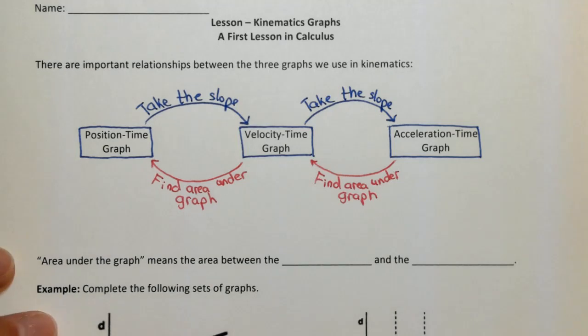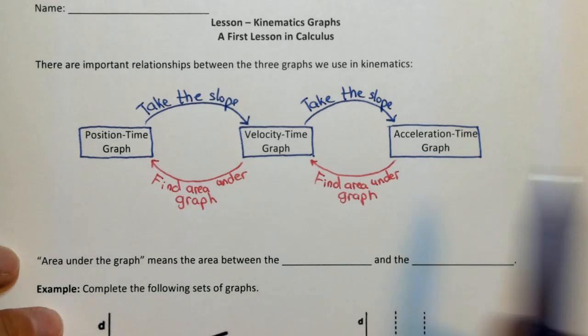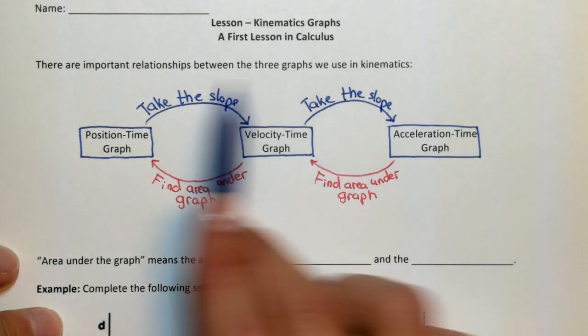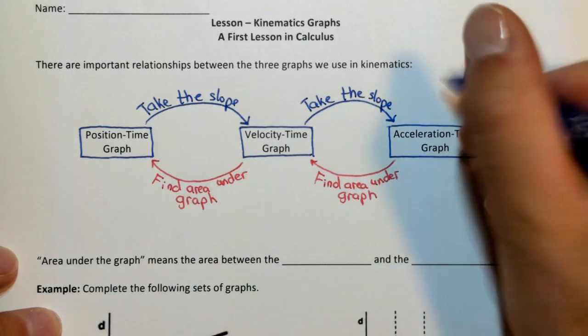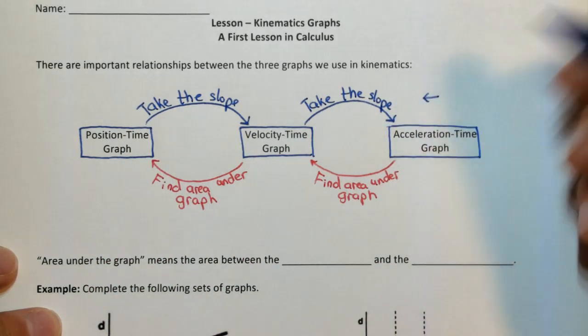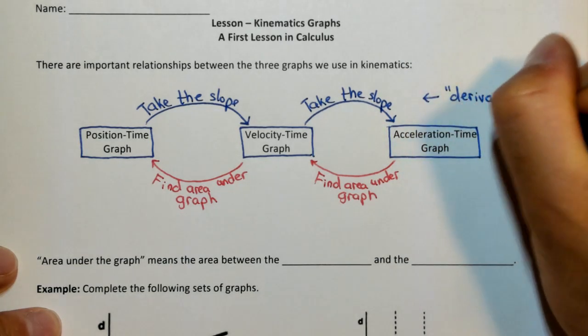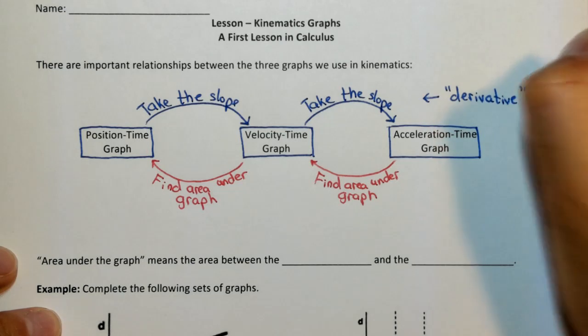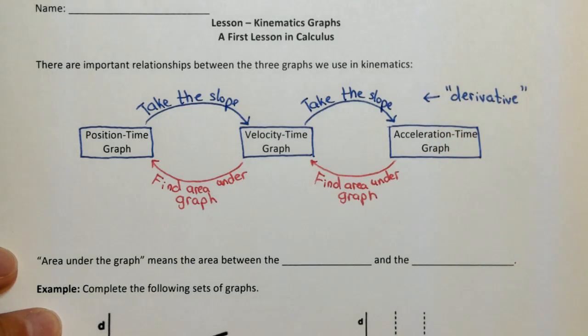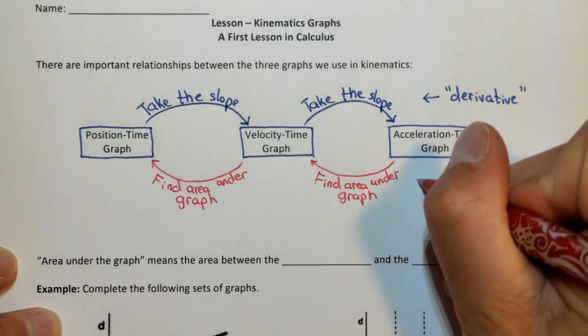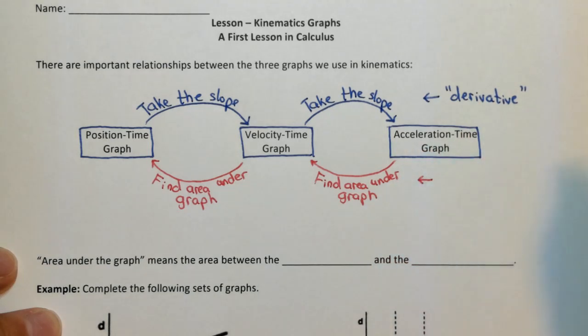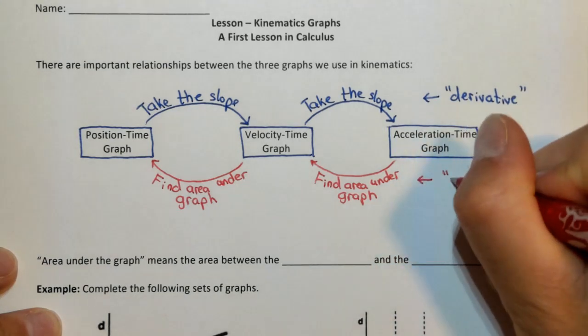And if you're interested, the special name in calculus for taking the slope of something is finding the derivative. And the special name for finding the area under a graph is finding the integral, or taking the integral.